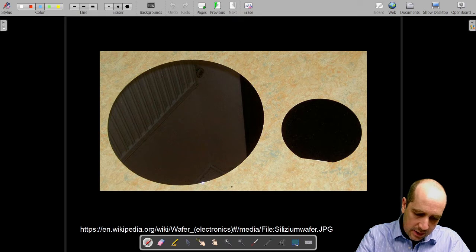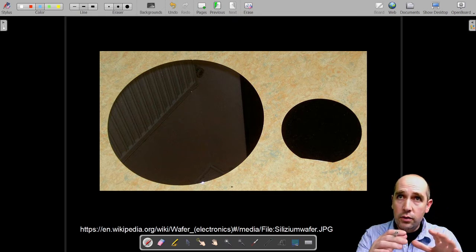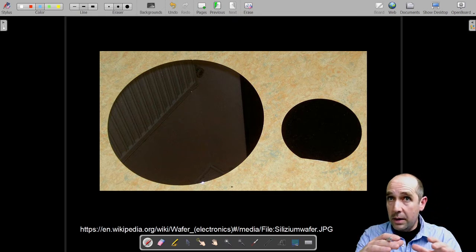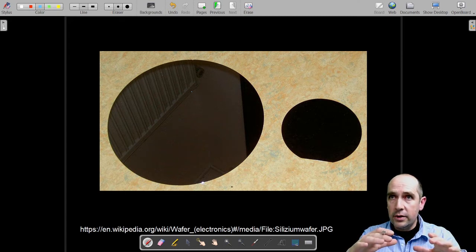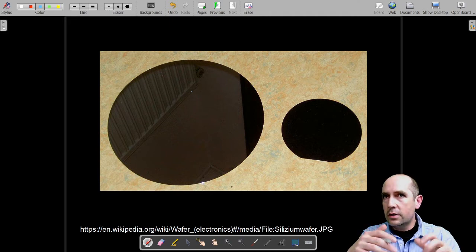So this plane that you see here is a crystallographic plane, and these wafers are the base of our modern technology. These wafers are where we start building up our electronic and optoelectronic devices.